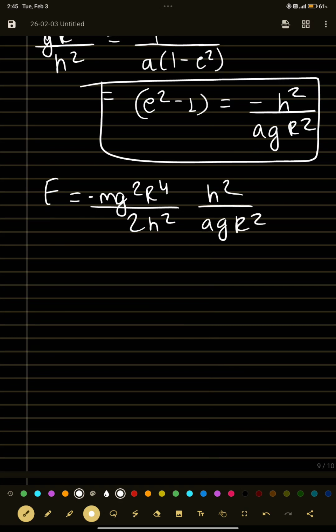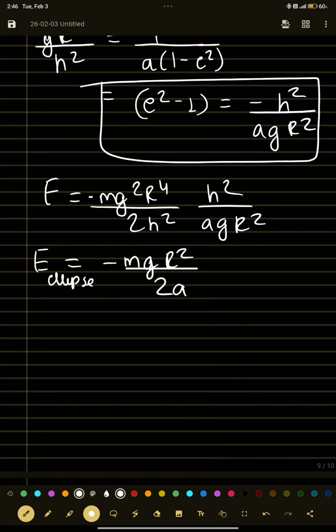Minus m g r square by 2a. Yeah, appears to be correct. Nice and cute expression for the energy of the ellipse, minus mgr square by 2a.